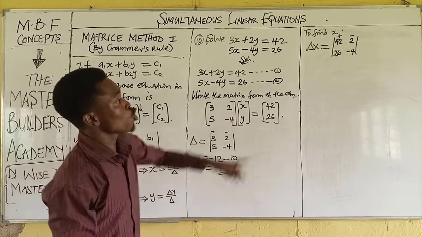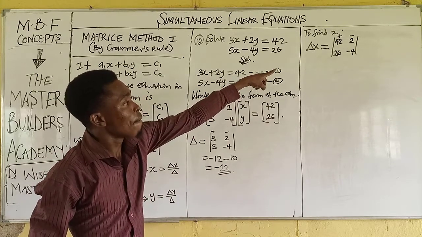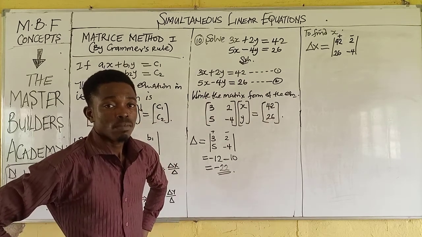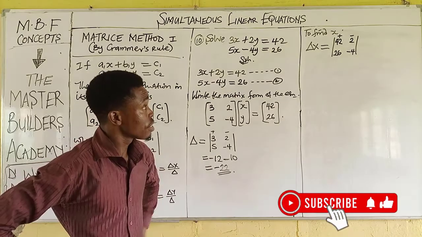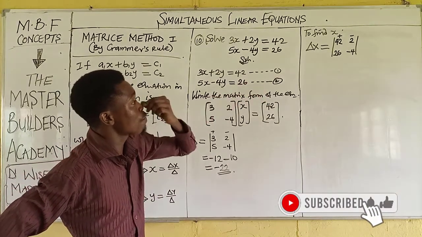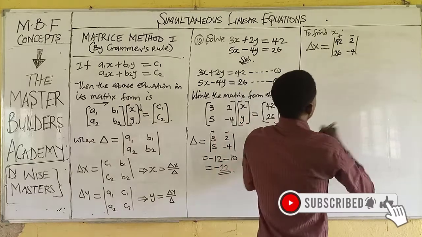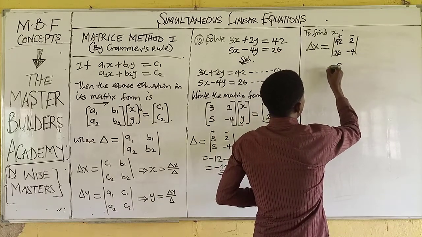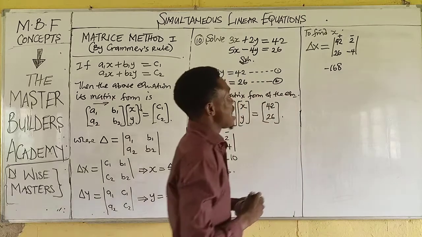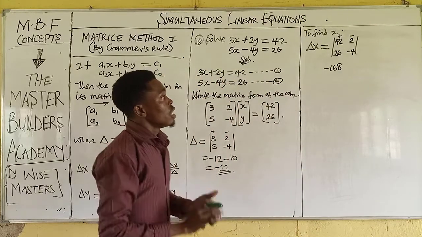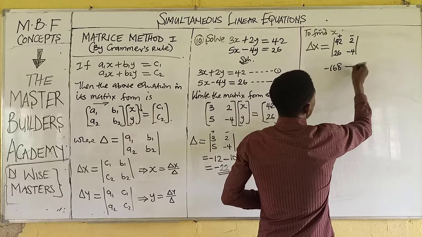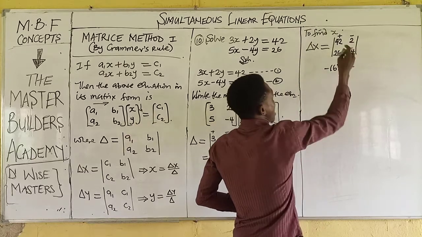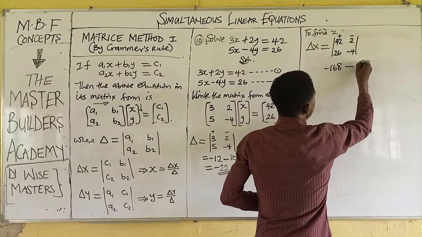All I need to do now is to multiply 42 by 4. Is that taking? Yes. Multiply 42 by 4. So 4 times 2 will have given us 8, and 4 times 4 is 16. That gives us 168. Then minus, which is this minus, 2 times 26 would have given us 52.